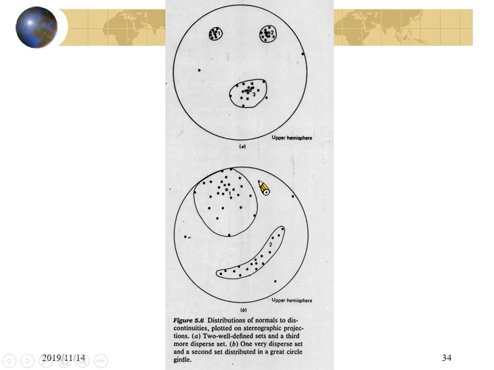You will have a concentrated normal vector here, and the other normal vectors of the discontinuities are distributed mainly along a great circle. And this normal vector will be roughly the normal of this great circle. What does it mean?